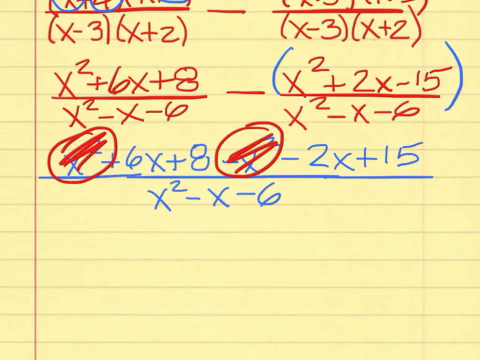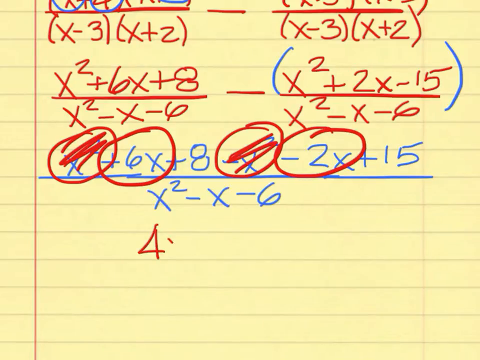What am I left with when I simplify my x terms? That's right, 6x minus 2x is going to be 4x. And what am I left with when I simplify my constants? 8 and 15. 23 is right. So plus 23.